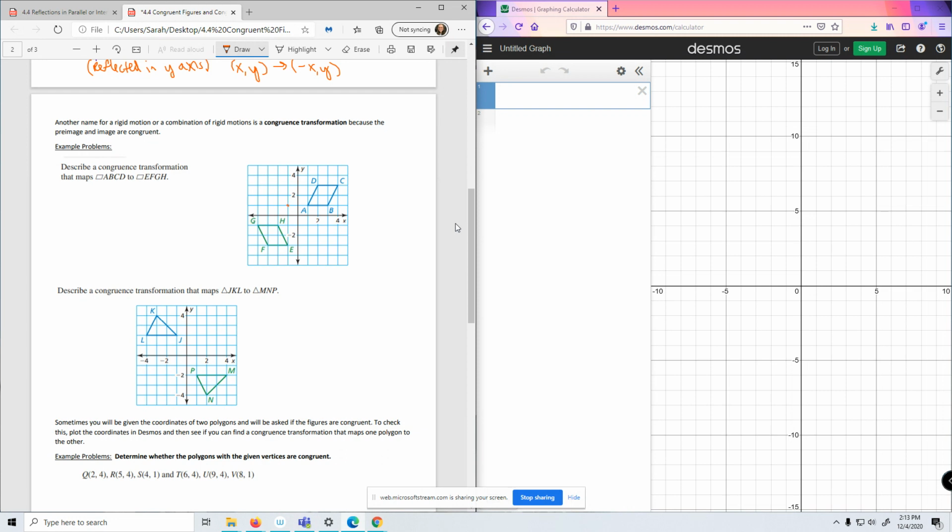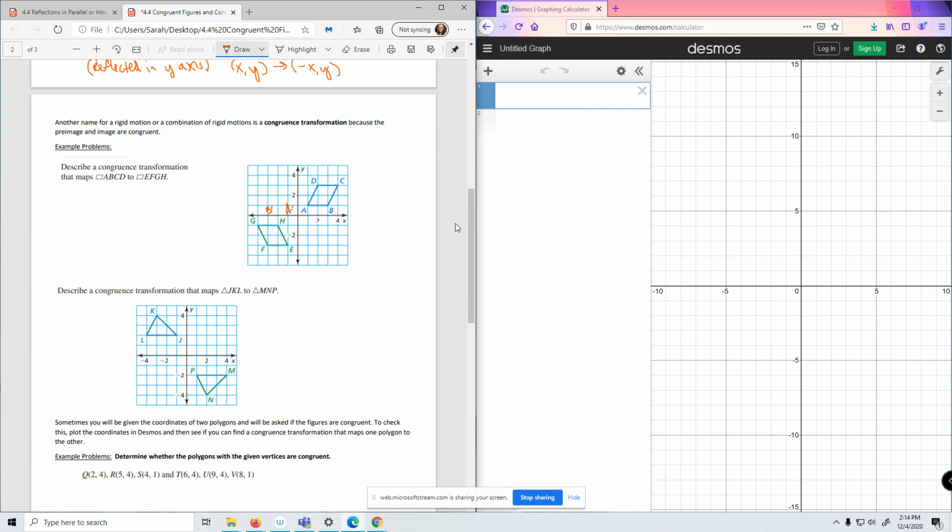So if I do that, A is 1 away from the y-axis. I go 1 away in the other direction, and I get A prime. B is 3 away from the y-axis. If I go 3 away in the other direction, I get B prime. C is 1, 2, 3, 4 away from the y-axis.